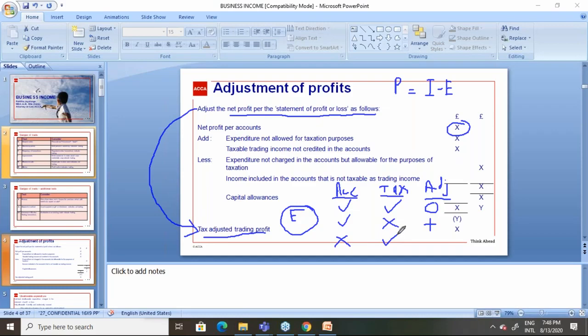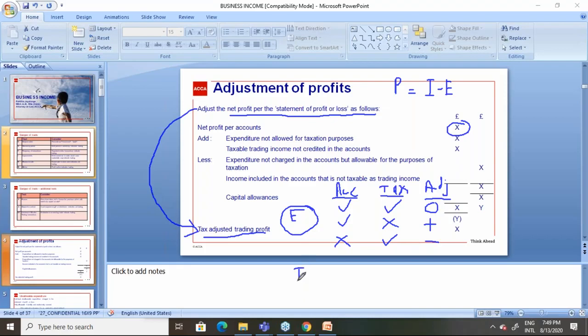The example I can give you is capital allowances. It's not a concept recognized in accounting, but only acceptable in taxation. So capital allowances you have not deducted when calculating the accounting profit, but in taxation it's permitted, therefore you can deduct it. This is how you adjust expenditure when converting your accounting profit into tax adjusted trading profit.